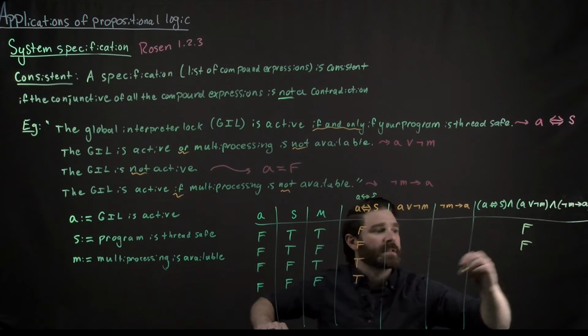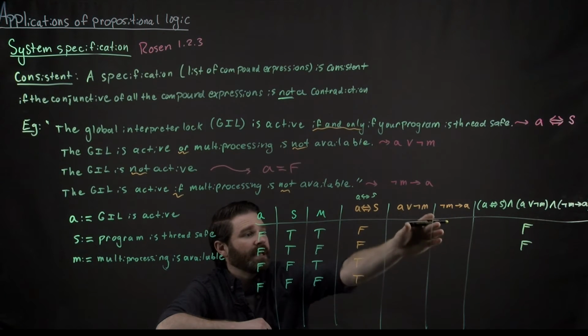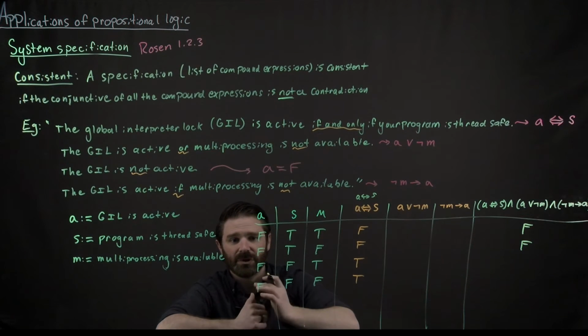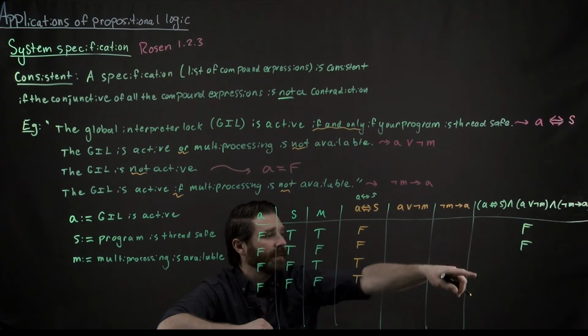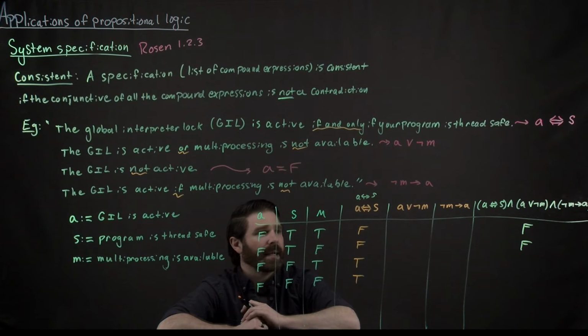And so we actually don't even need to fill in the rest of that part of the truth table. I might be able to do this just by hand. I only need to figure out the rest of these guys right here. So let's go ahead and do that.